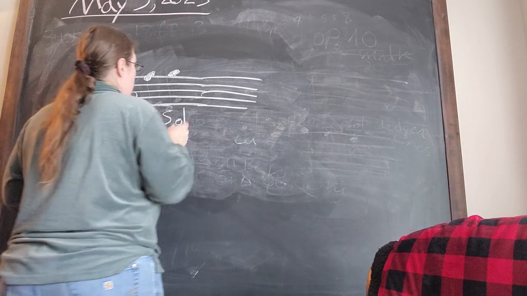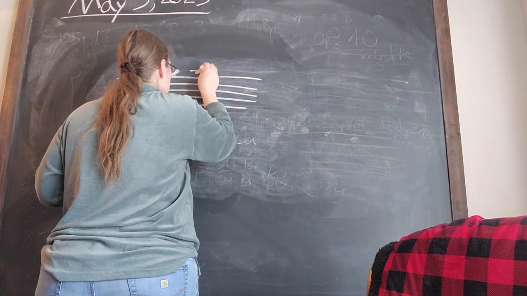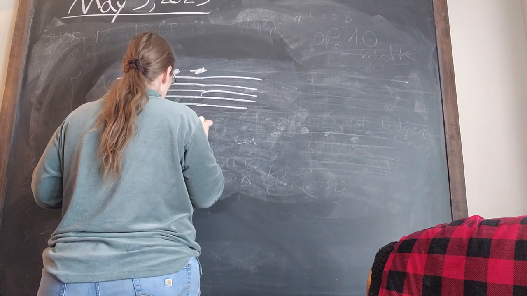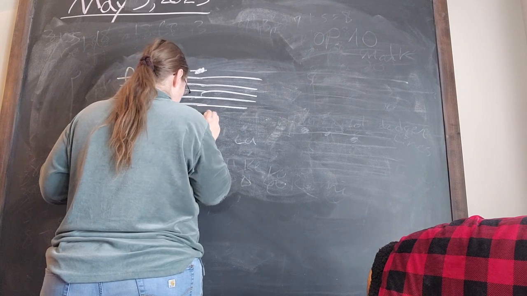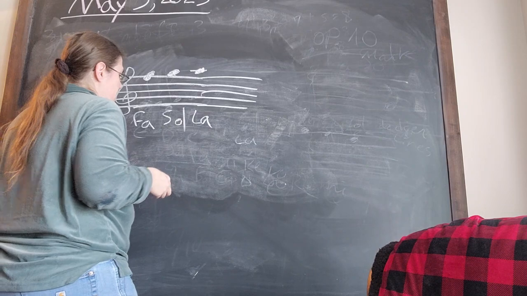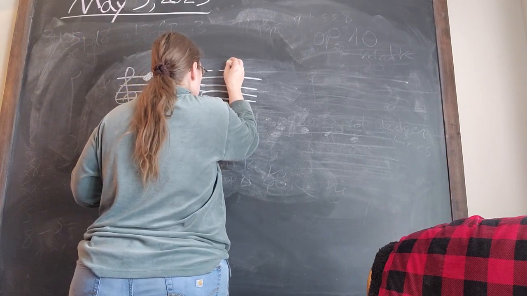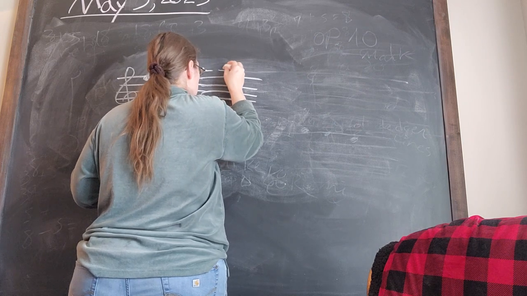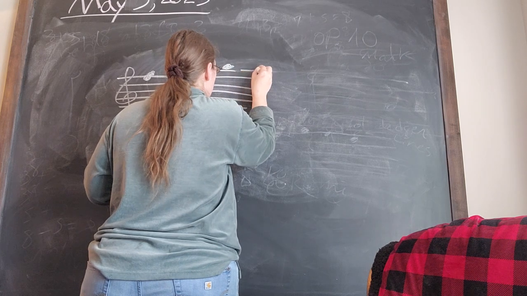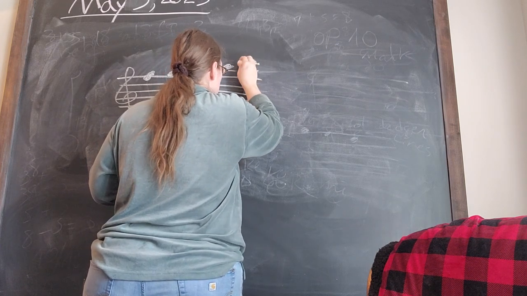And then we have La or A. And this is your first ledger line. La. And then T would be above that. And Do would be 2 ledger lines above.